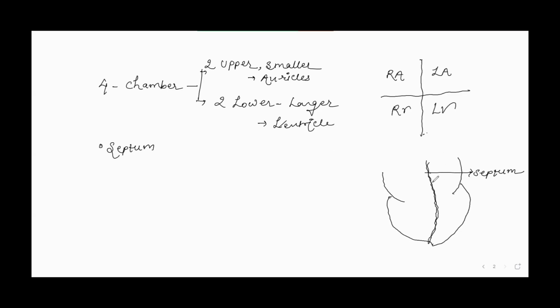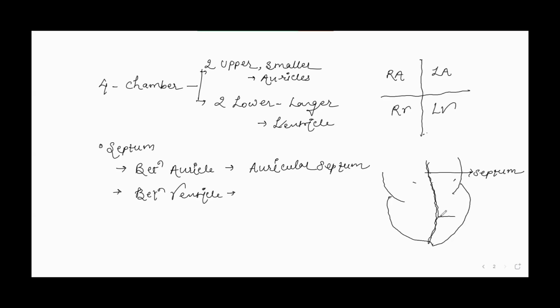The septum present between the auricles is called the auricular septum. If it is present between the ventricles, it is called the ventricular septum. That complete line is also known as the auriculoventricular septum.